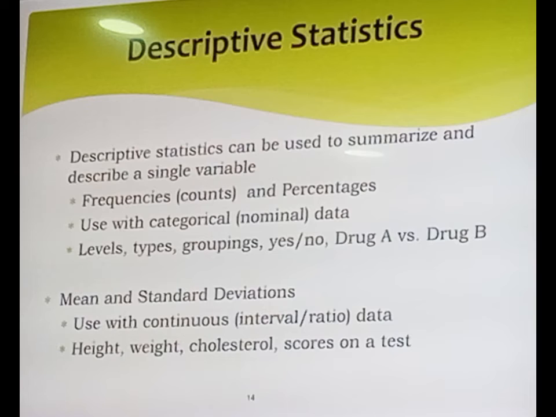Rural male, rural female, urban female, and urban male. In those 4 categories, if you collect rural female 20, rural male 35, urban female 50, and urban male maybe 40, in that case you are using only nominal data, frequencies.